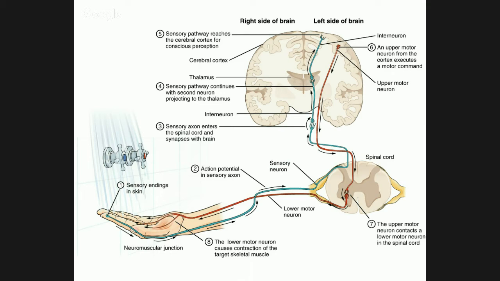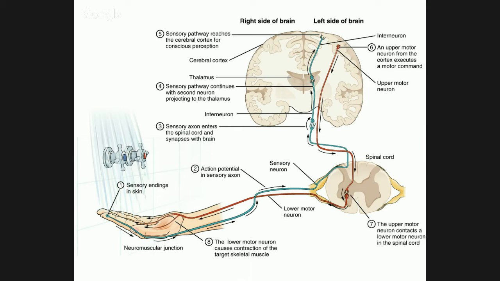In that dorsal root, we have that ganglion that I showed you in lab, where the cell body is located. But the axon continues on into the spinal cord and turns into a region of white matter that's right here in the dorsal part of the spinal cord. It goes up the spinal cord and eventually heads to this part of the brain right here, where it finally makes a synapse.